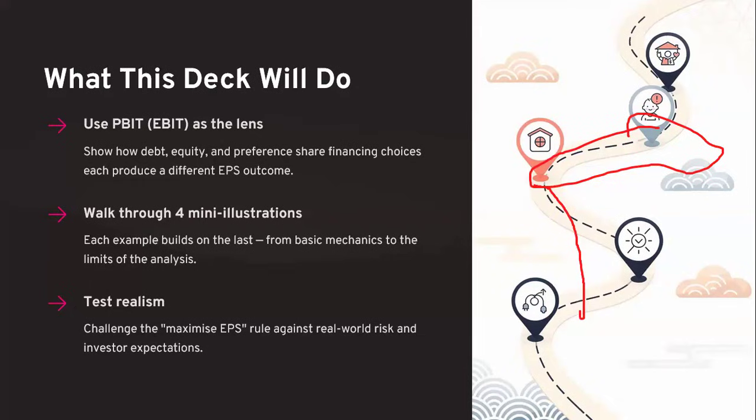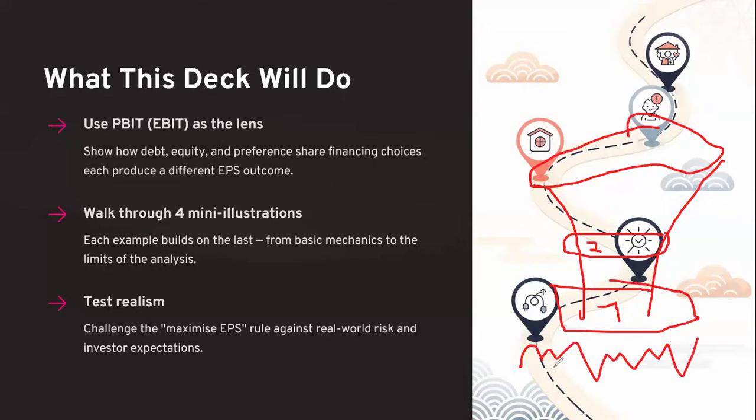How much does this pool of money progress by adjusting first the interest and then by adjusting the tax, and then how much is available for shareholders as EPS. So let's have the illustrative example.